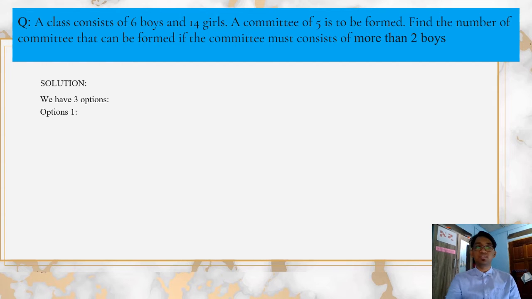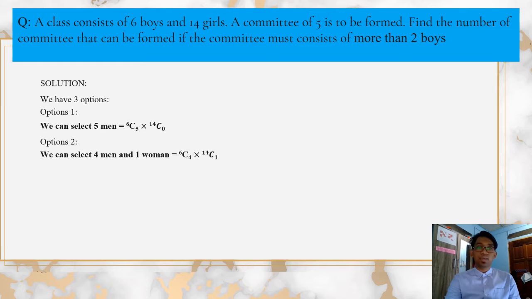For the first option, we can select 5 men, equal to 6C5 times 14C0. For the second option, we can select 4 men and 1 woman, equal to 6C4 times 14C1.